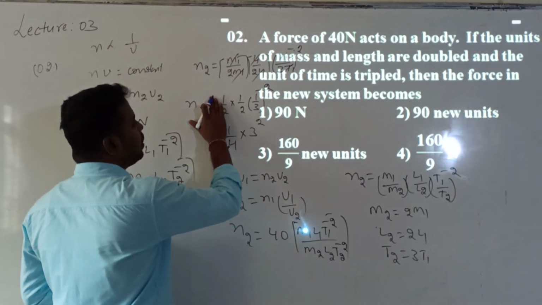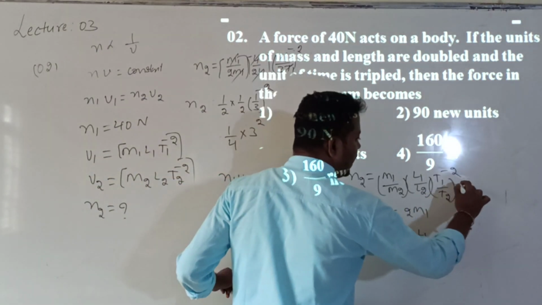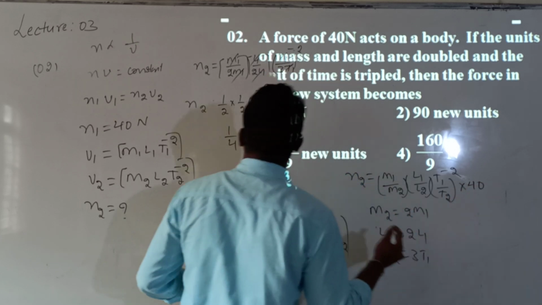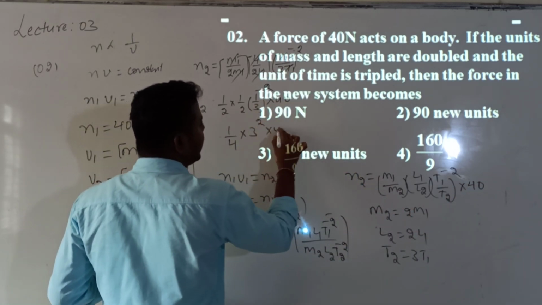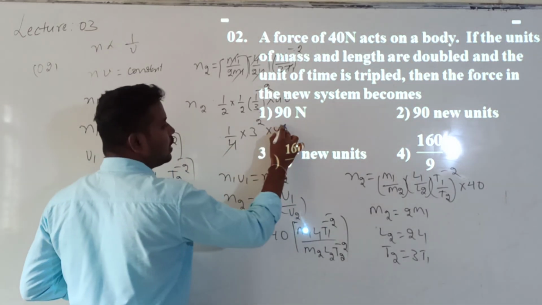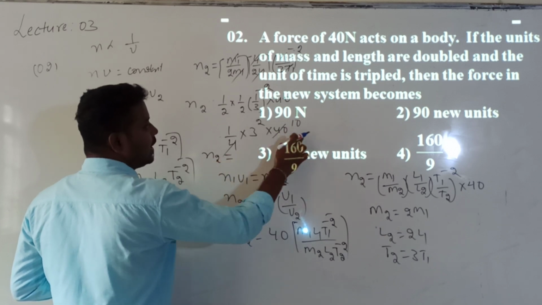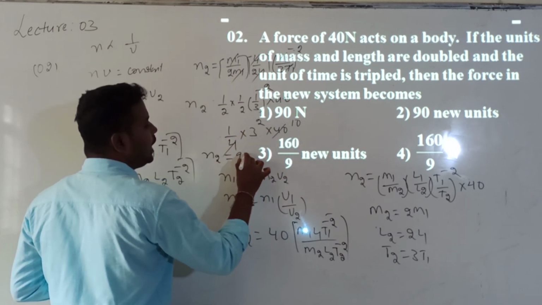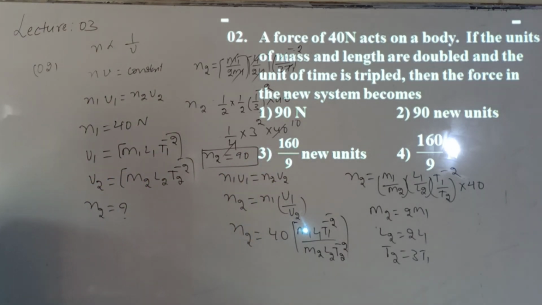And everywhere I need to write 40, I forgot to write it, so into 40. 4 ones are 4, 4 tens are 40, so n2 is 10 into 3 square, 9, that is 90. So 90 new units. Question clear?